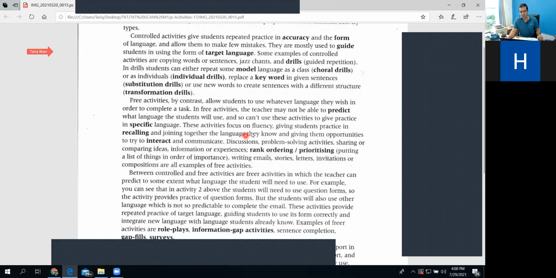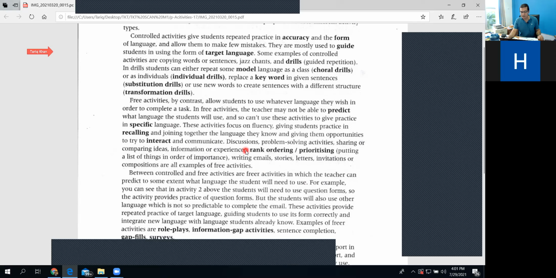These activities focus on fluency, giving students practice in recalling and joining together the language they know and giving them opportunities to try to interact and communicate. All right. So here the focus is fluency. And definitely when you are focusing on fluency, we do not give priority to accuracy. So that's why it is opposite of the control one. There our focus is on accuracy. Here our focus is on fluency.